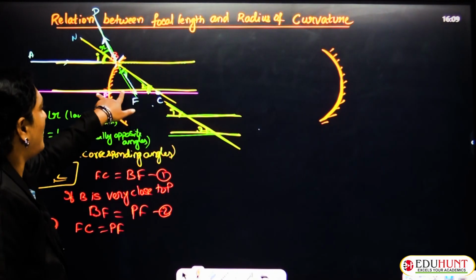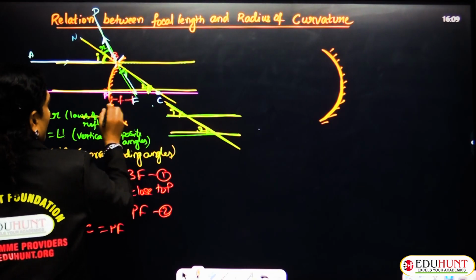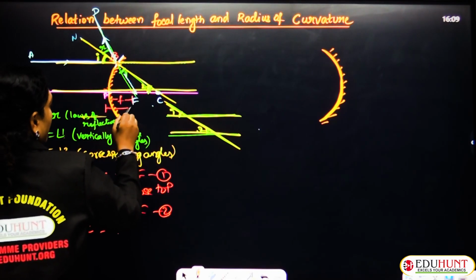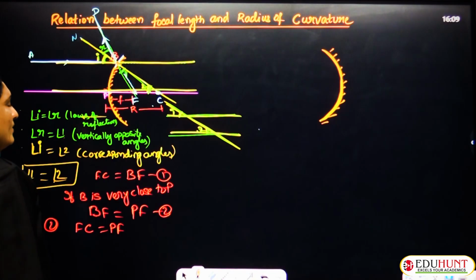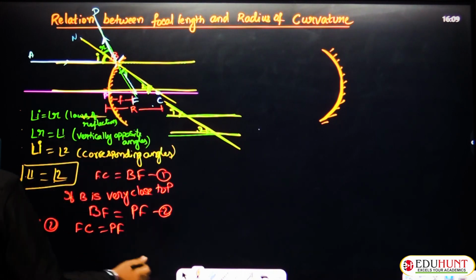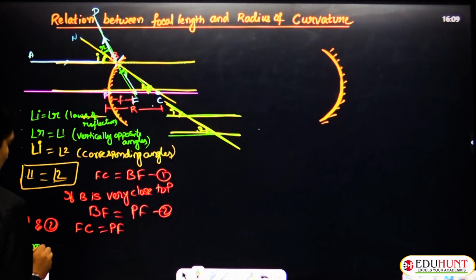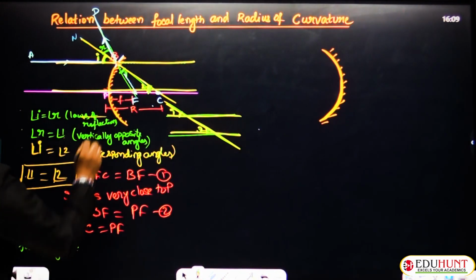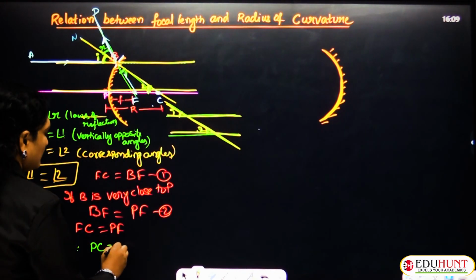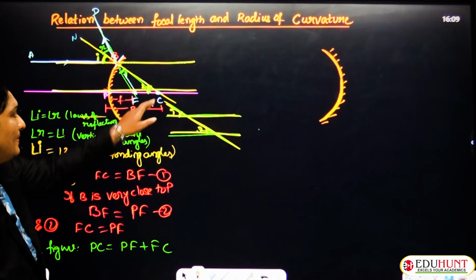So this means these two values are equal. But we know that from the focus to the pole of the mirror on the principal axis, the length is represented as F, the focal length, and from the center of curvature to the pole, we represent it with R. So from the figure we observe that PC can be written as PF plus FC.